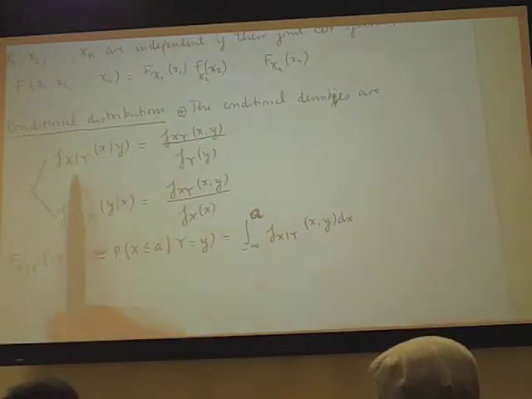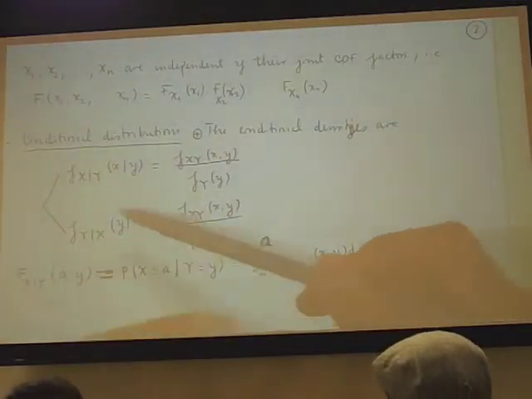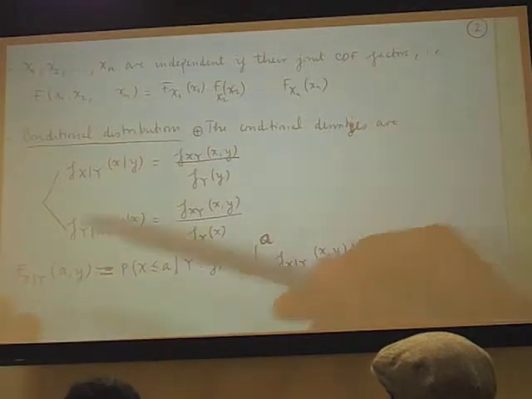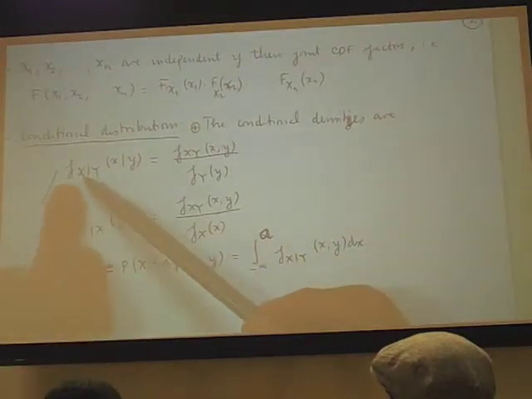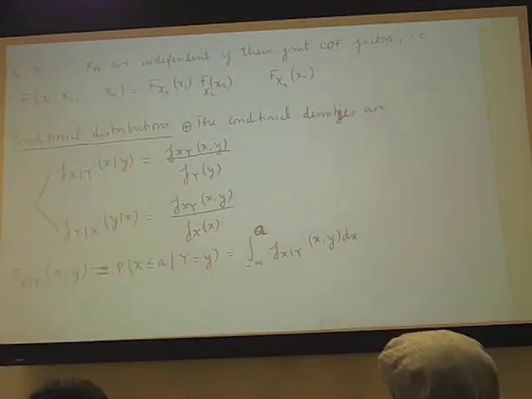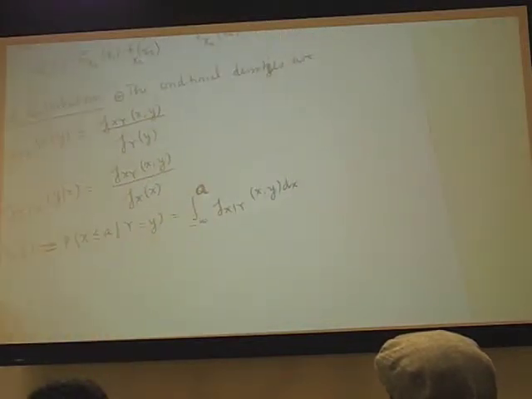Or, as I told you already, if you want to compute capital F of x given y, you integrate little f of x given y. That's exactly that. Either way you think of it, it's there. Good. So now with everything out of the way, let's do a lot of problems now, because I can feel that you guys are a bit shaky on this type of problem.